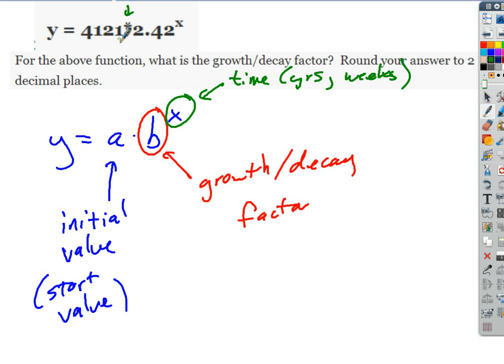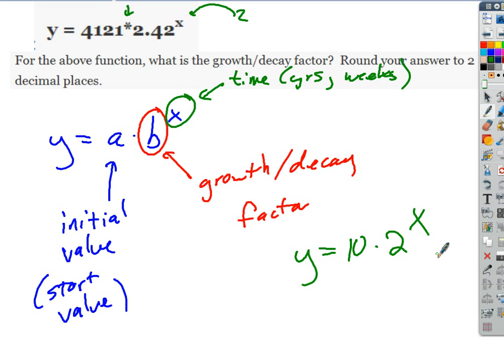After 2 years, when I put a 2 in for x, 2.42 to the 2 is just 2.42 times 2.42. So every time we add an x, we're multiplying by an additional factor of 2.42. If that number were a 2, like y equals 10 times 2 to the x, we start off with 10, and every time we increase x by 1, we double what we had. When x is 1, we get 20.